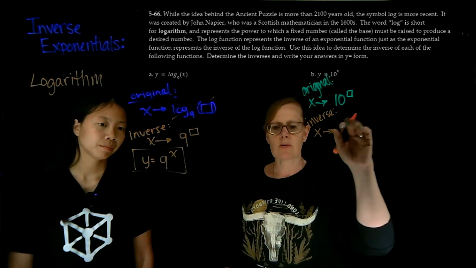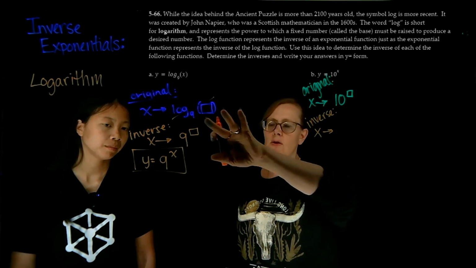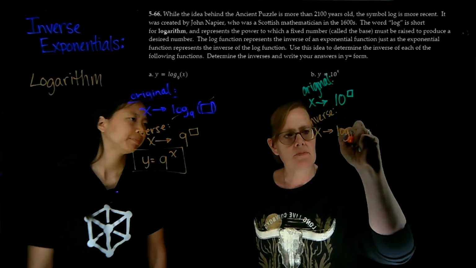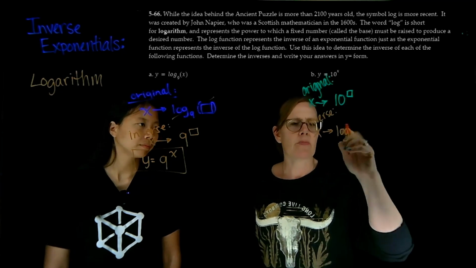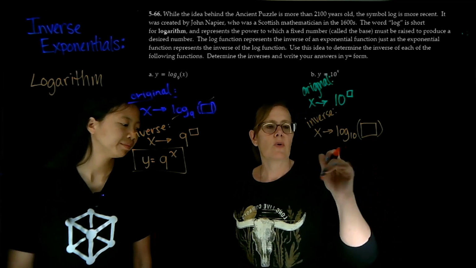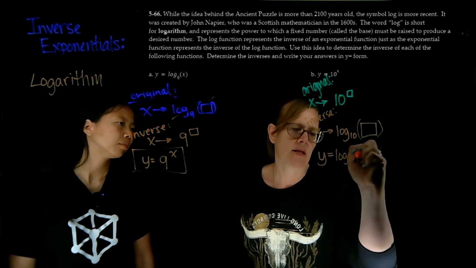If I go backwards, remember our inverse of our exponent is our log. So we need the log base 10 because that's our base of our exponential. So we're taking the log base 10 of our x value. To write it in y equals form, we say y equals log base 10 of x.